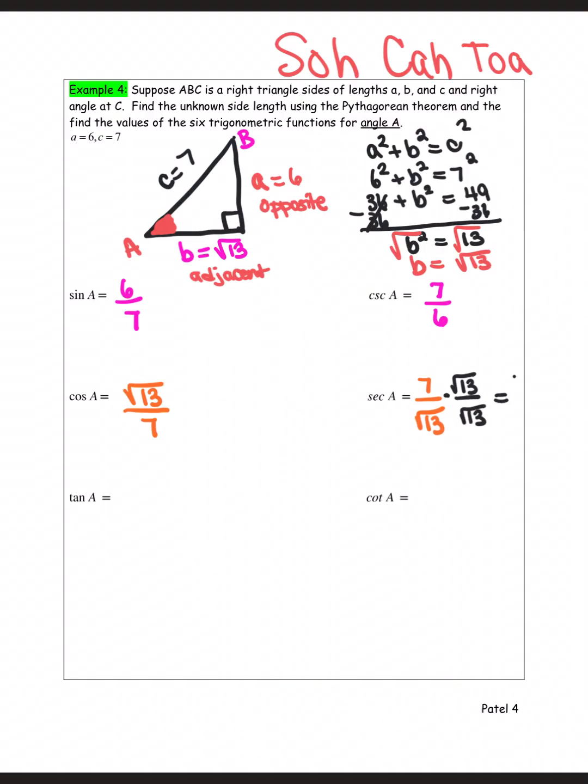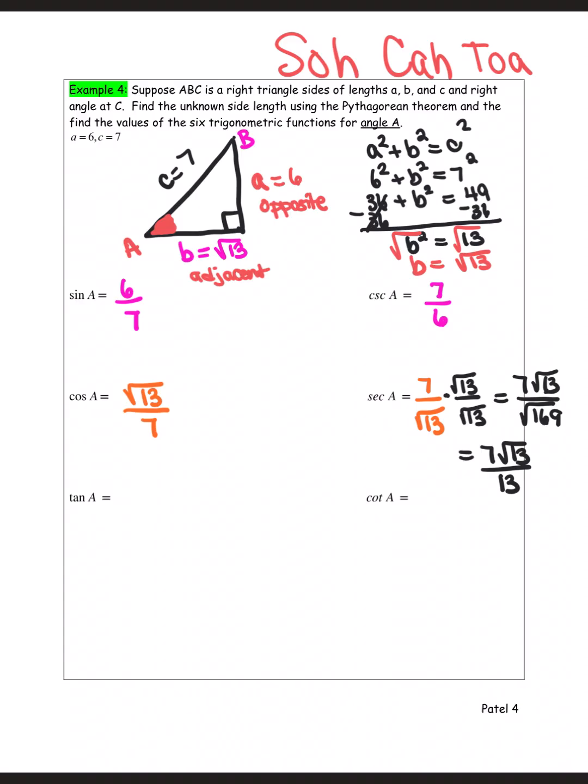So this will give me 7 square root of 13 over square root of 13 times square root of 13 is square root of 169, which is 13. So that's the goal. You want to come back to a whole number without a radical in the denominator. And the reason why we multiply by itself is so that you get back 13.